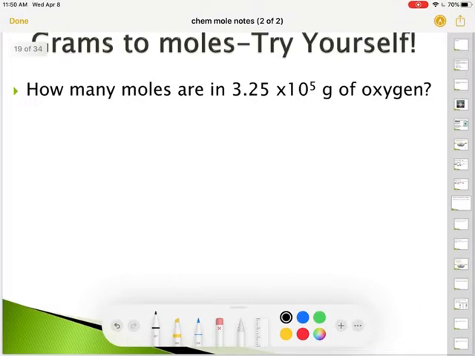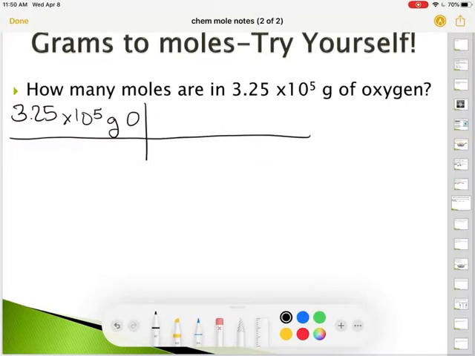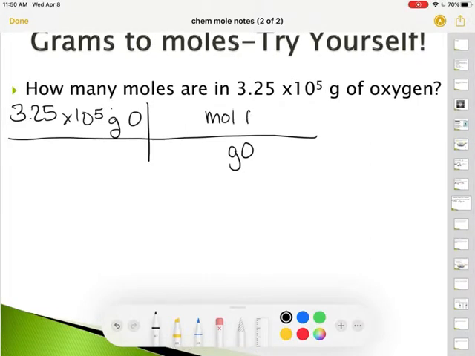Okay, now we have 3.25 times 10 to the 5th grams of oxygen. Again, we have to get rid of grams of oxygen by putting it in the denominator and get moles of oxygen.